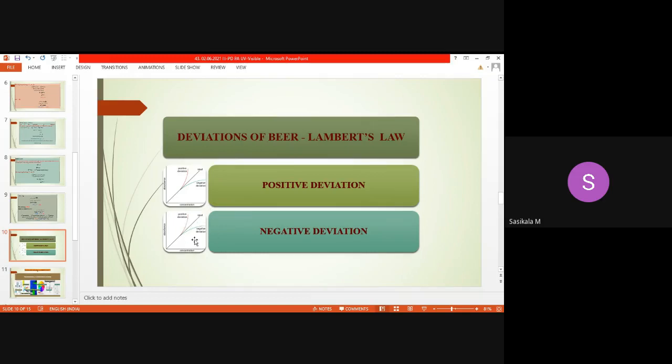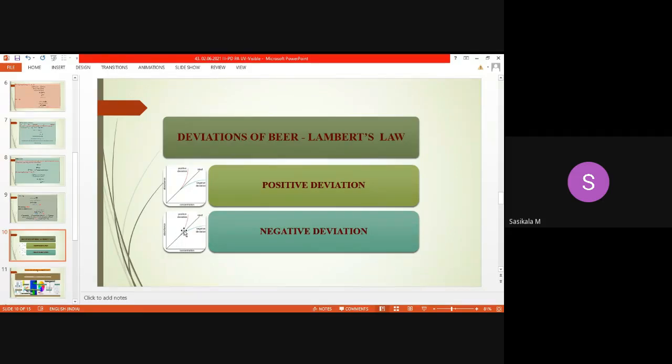When concentration is high, absorbance will be low in the case of negative deviation. Even when concentration is low, absorbance will suddenly increase in positive deviation. So it all depends on the concentration of the absorbing species present in the diluted solution. Why is it not meeting the linearity, why is it not following Beer-Lambert's law?